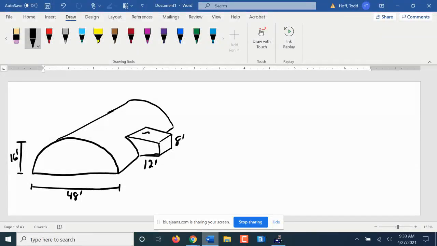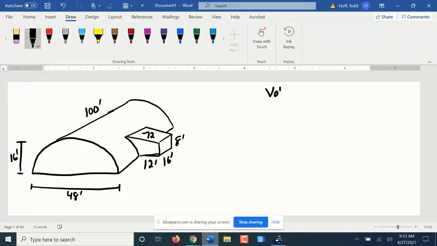And this is still a 2 to 12 slope. And let's make this 100 feet, and we'll make this here 16 feet.